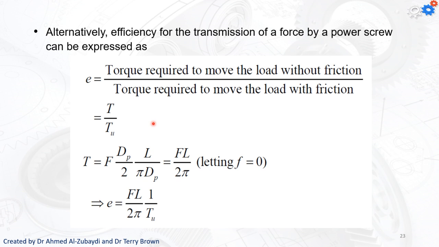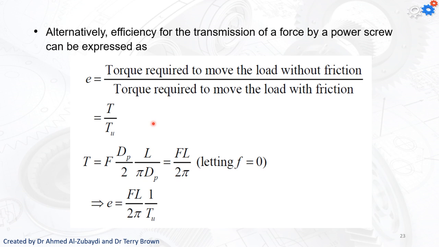By calculating the value for T, it's going to be equal to FL divided by 2 pi, and then the efficiency will be calculated by multiplying the force by the lead distance divided by 2 pi, and then multiplied by 1 over TU. So these are two different equations to calculate the efficiency in the case of the square thread.